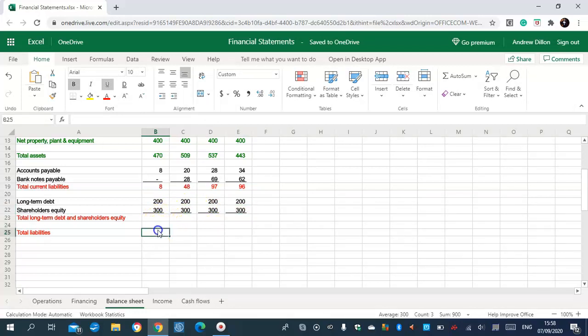That's very good. Now, total liabilities, the last sum function table on the balance sheet.